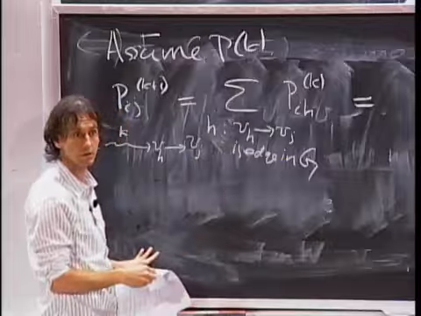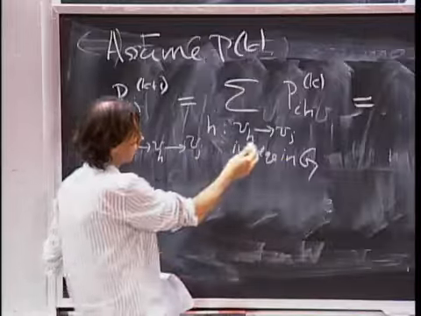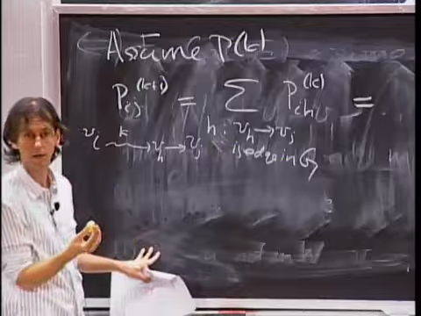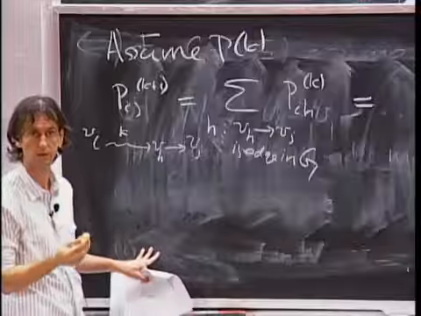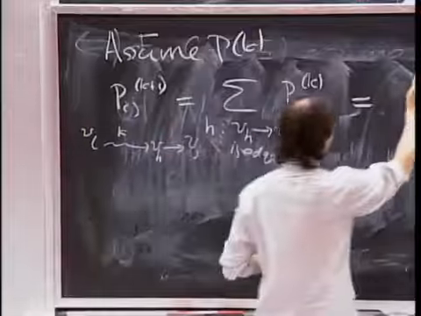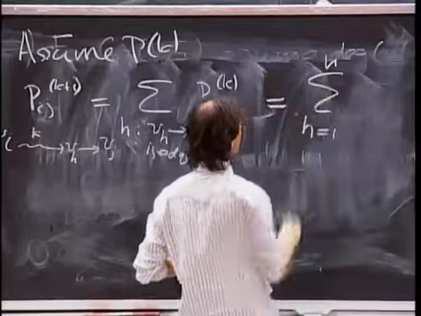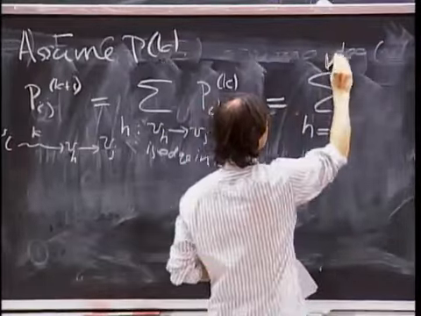We can, right? Because we know that there is an edge if and only if the adjacency matrix has a 1 in that particular position. So we could rewrite it and sum over all h from 1 to n.